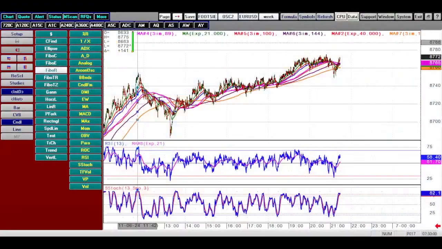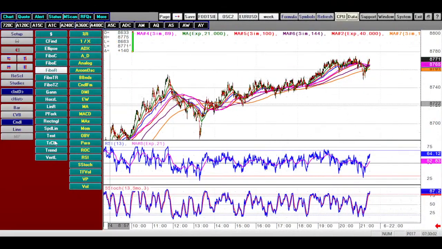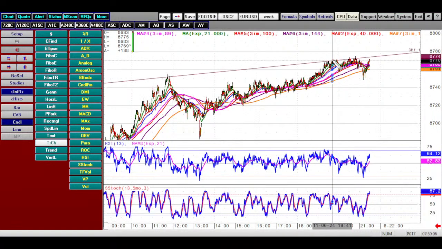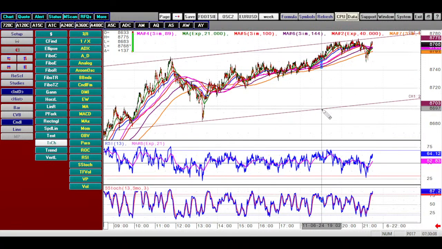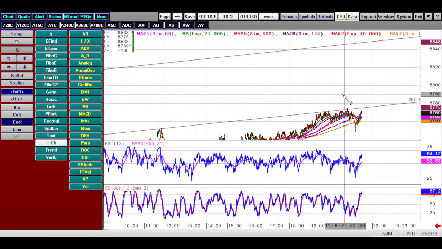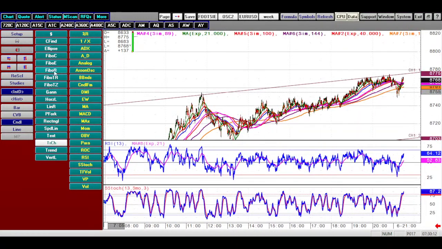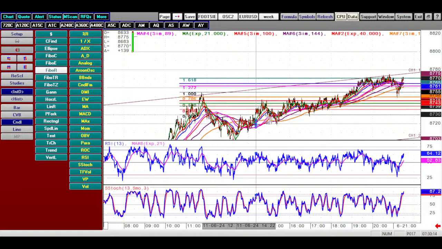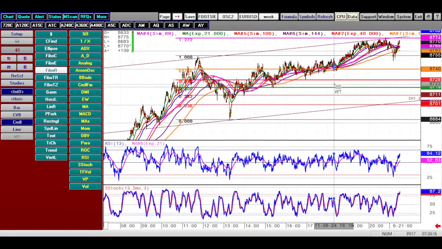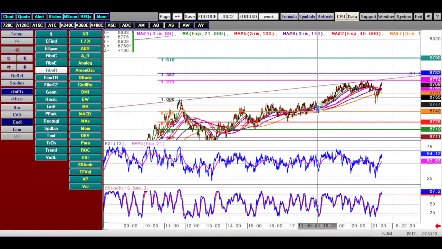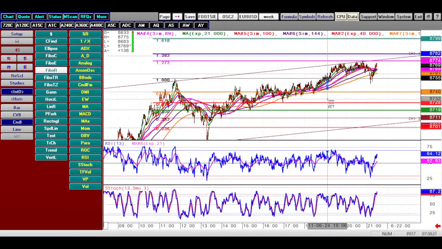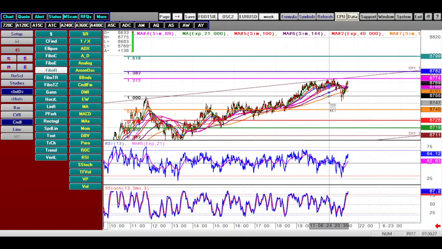Okay. So here, I think I've done a projection if I'm not mistaken. So if your high breaks, we should see the price moving higher.